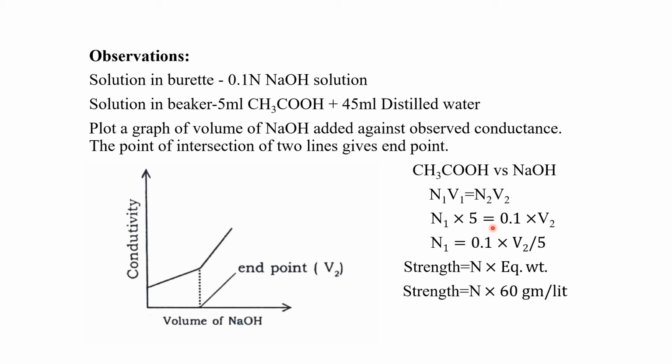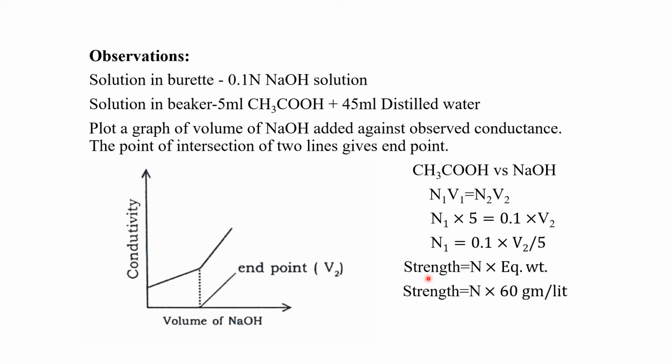This is equal to the normality of NaOH, 0.1, into V2, the volume of NaOH required to neutralize the acetic acid, and this value we get from the graph, that is endpoint V2. Putting these values, normality N1 is equal to 0.1 into V2 upon 5.